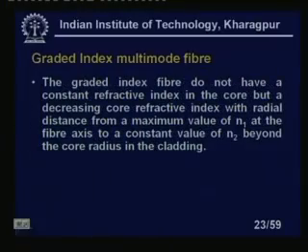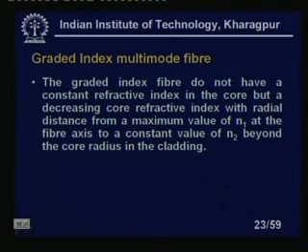Now, graded index multimode fiber. The graded index fiber does not have a constant refractive index; there is no step change of the refractive index in the fiber, but a decreasing core refractive index with radial distance, from a maximum value of N1 at the fiber axis to a constant value of N2 beyond the core radius, in the cladding. So, there is a tremendous advantage as far as modal dispersion is concerned.